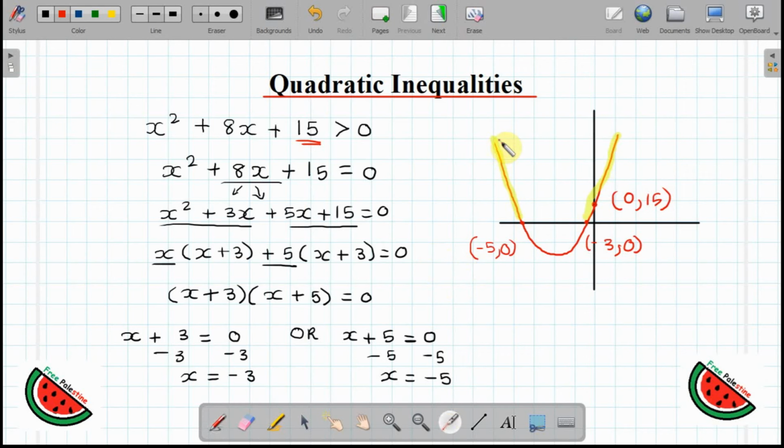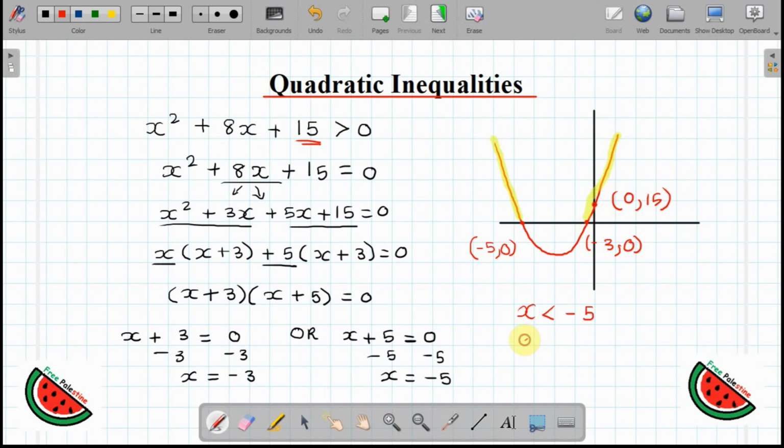To be on this part of the graph, the x coordinates or the x values for the graph have to be less than -5. So I'm going to write that down. So x has to be less than -5. And then to be on this section of the graph, again, it's above the x-axis, the x coordinates have to be greater than -3.